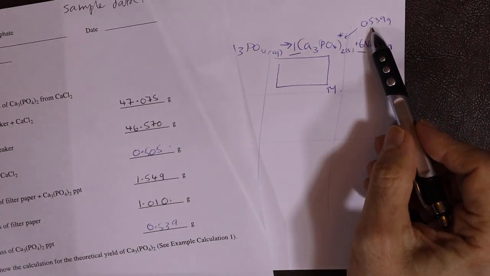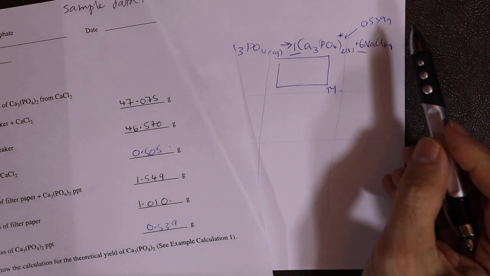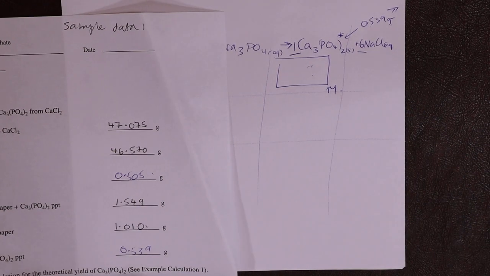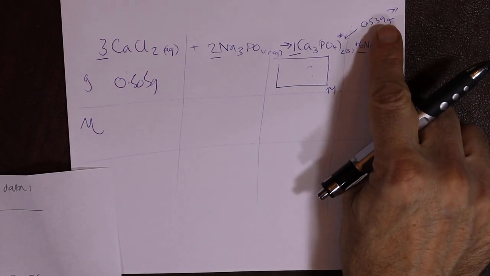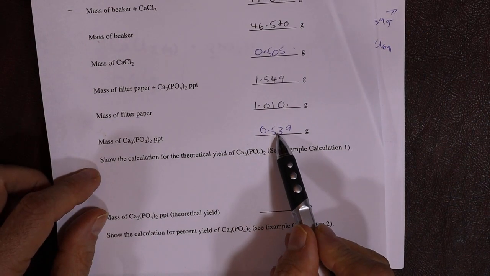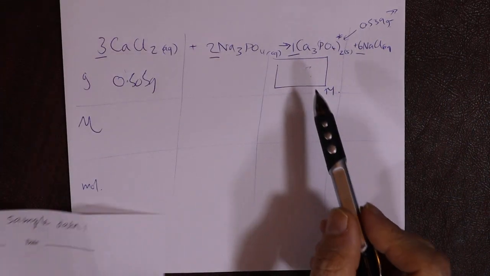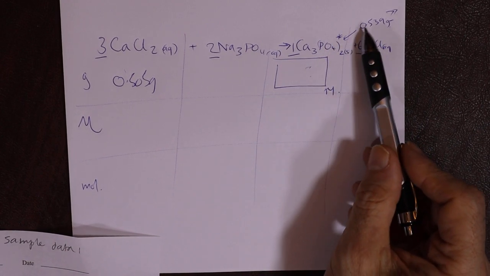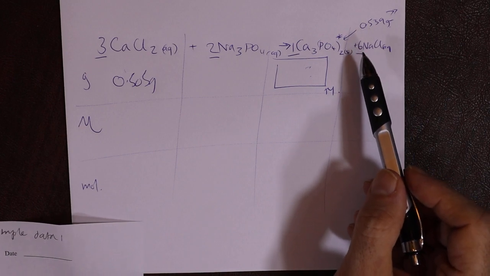But that number there is if it goes 100% perfectly, right? So the question is, is it really that amount? We'll actually work out that amount in theory and see how close it gets to this number we got from the experiment, okay? So remember, that's the number we got from the experiment. That's the actual yield. We're going to work out the theoretical right here. Okay, remember, that's not going to be the same unless we were perfect. Chances of being perfect, 0.